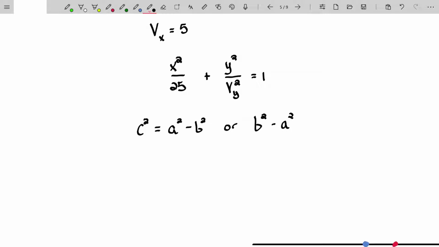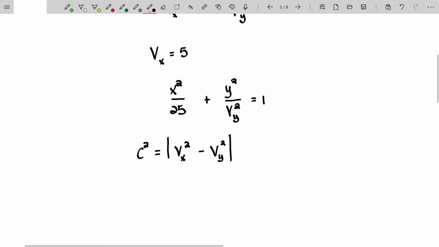But you can actually collapse those two statements into a single statement by calling it the absolute value of a squared minus b squared. However, I don't use a's and b's, I use v sub x's and v sub y's, so I'm going to call this v sub x quantity squared minus v sub y quantity squared.